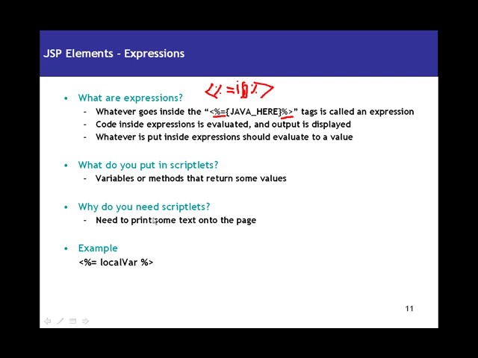So basically sometimes you would need to print certain text onto the page, right, onto your web page. Let's say that the user logs in, and after successfully logging in on the login page, or say on the main page, you are going to display a message saying welcome username. So if the username was Tom, you say welcome Tom.